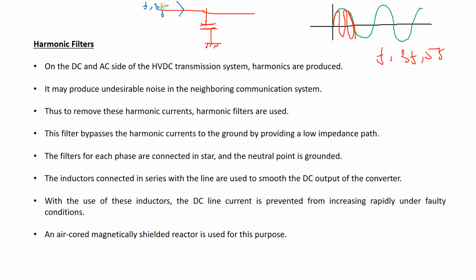From the same conductor different frequencies are traveling, carrying third order or fifth order frequency. We use a capacitor in the filter, and we know the capacitive reactance is 1 by C omega, that means 1 by C into 2 pi F.